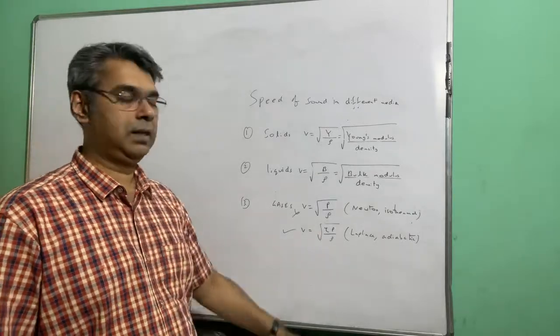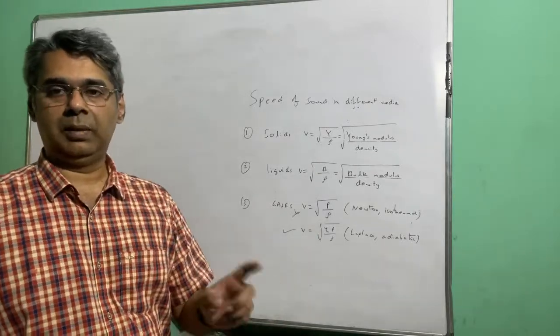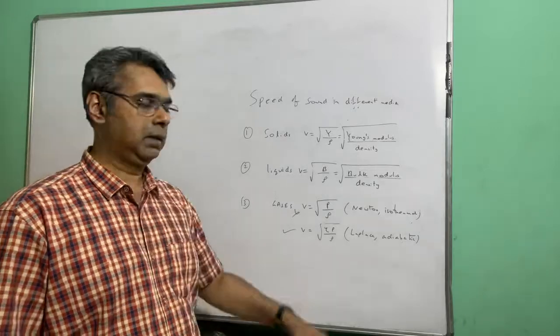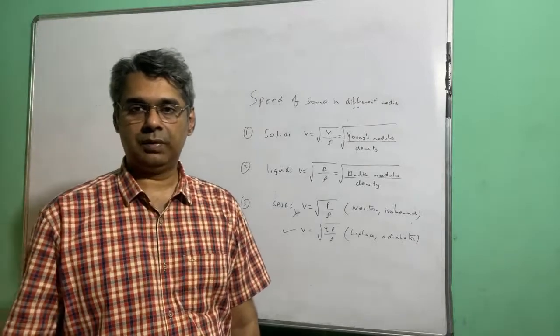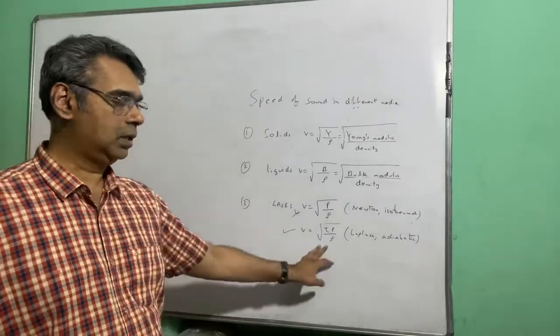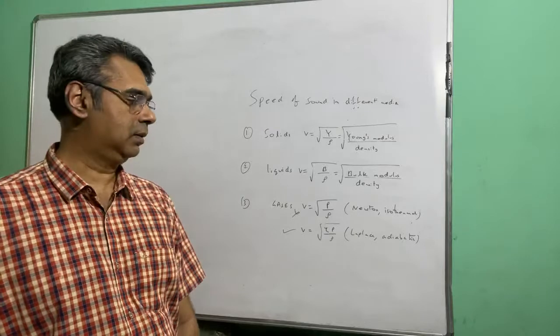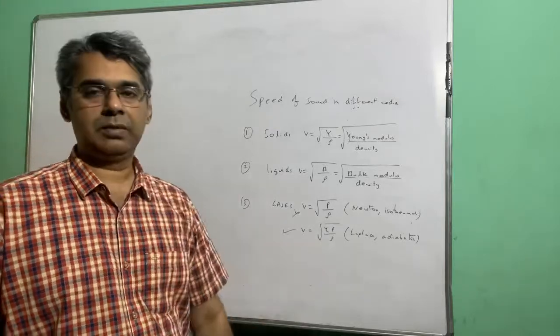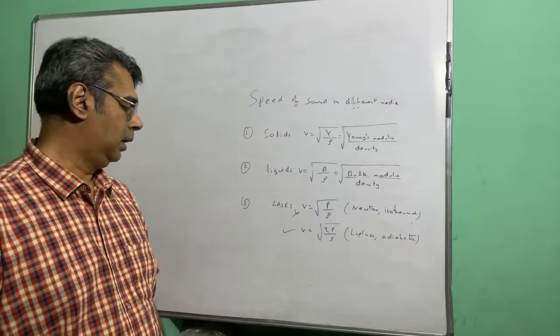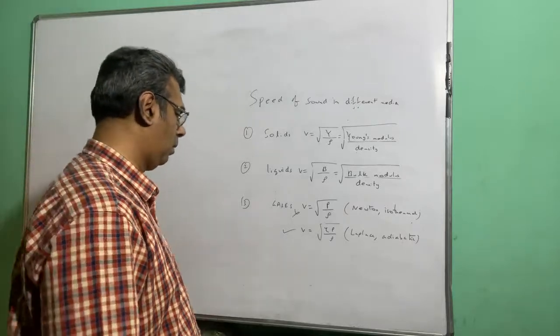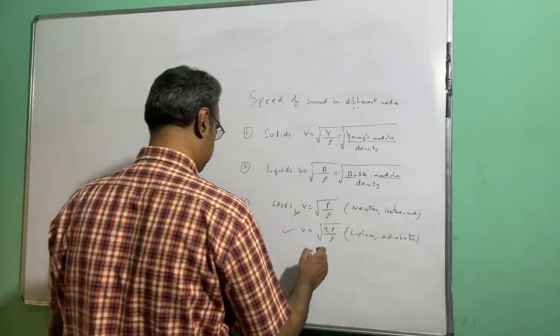So Laplace said that instead of pressure you should have gamma into pressure, and after certain experiments were done and the speed of sound was found, it was found to be closer to the one given by Laplace than the one given by Newton. So we take speed of sound in a gas as root over gamma into pressure by density.